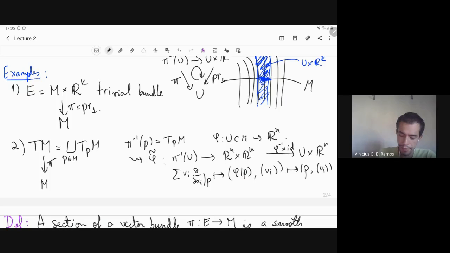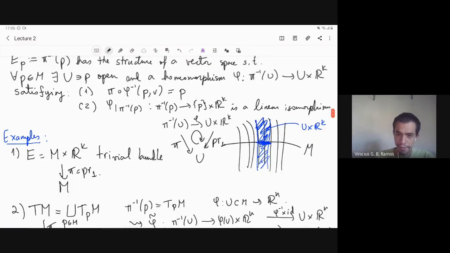There's some subset here, which is the image of phi, so maybe I should write phi of U times R^n. But anyway, the point is that we have these local trivializations. They're pretty easy, and it's clear when you write it like this that the first and the second conditions are satisfied. So this is a vector bundle.